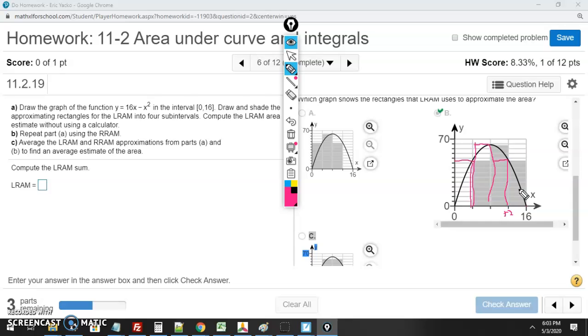Either way, they're kind of approximations of the actual area under the curve. If you want to be more precise, that's why we use the integral symbol for infinitely many small rectangles that we could fit under there. That's the precise area under the curve from summing up all those rectangles.